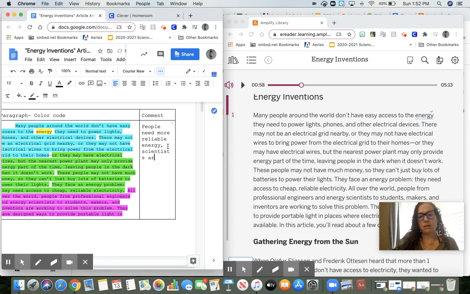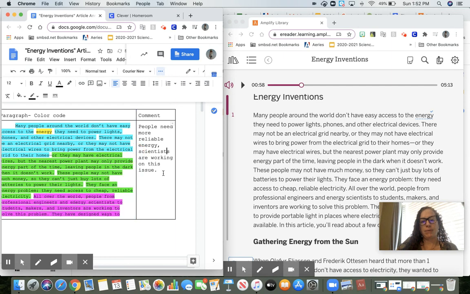Scientists are working on this issue. Okay, so that's my paragraph.